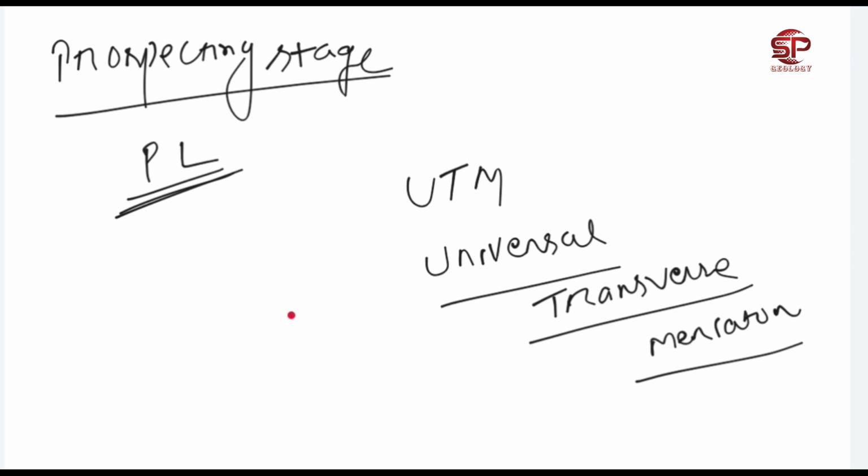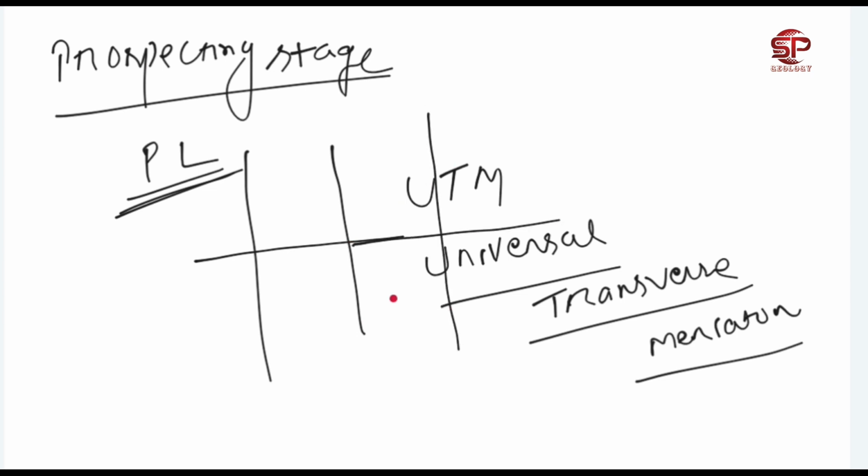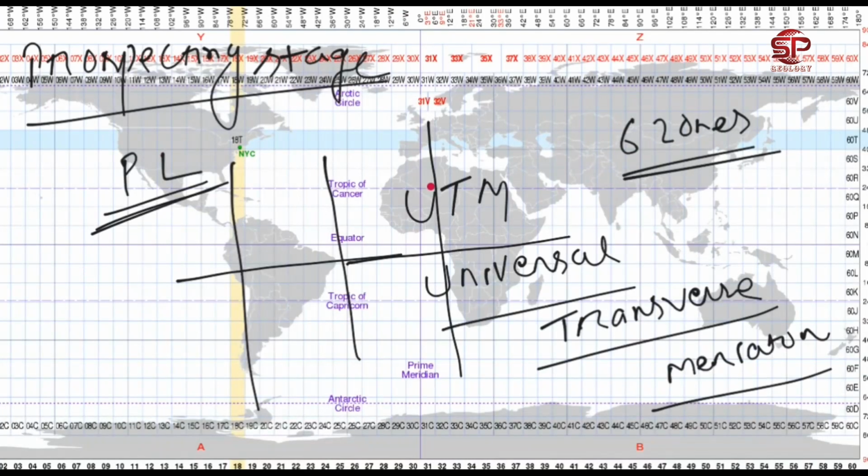It is a division of the whole Earth into zones. UTM is a coordinate system to assign the location on the Earth.